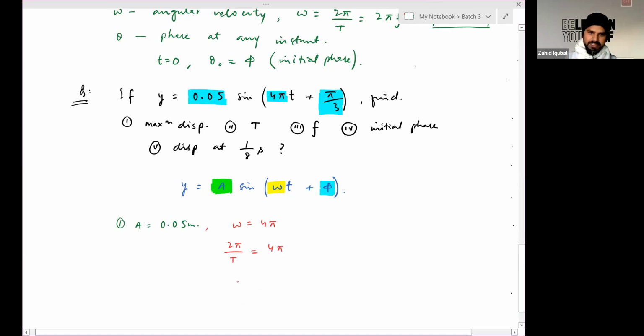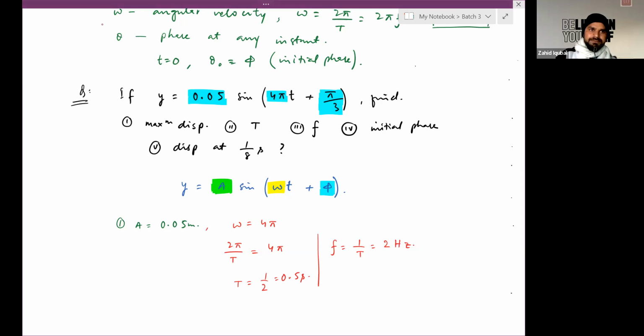So if you simplify it, T will be equal to 1 by 2 or just 0.5 second. Now, frequency will be just the reciprocal of time period, so it will be equal to 2 hertz. Deba, is it clear?